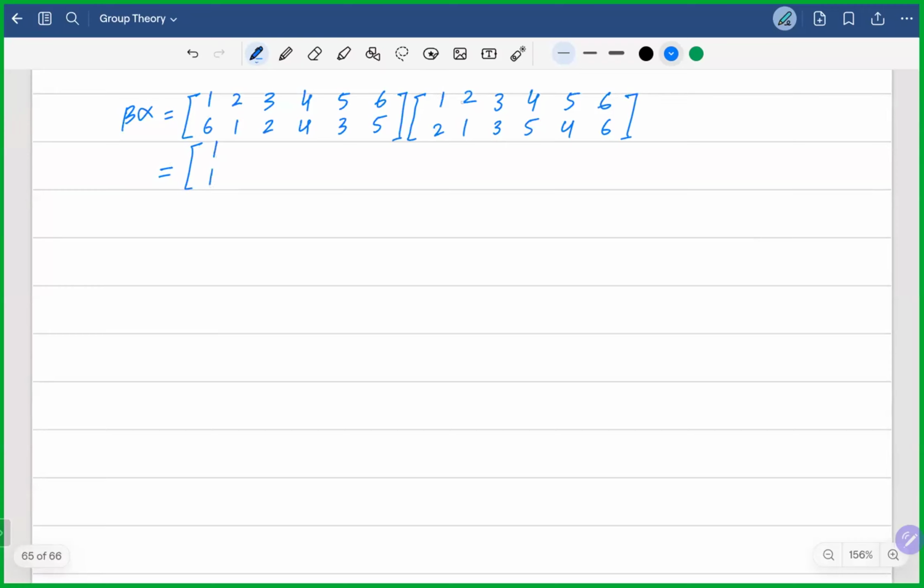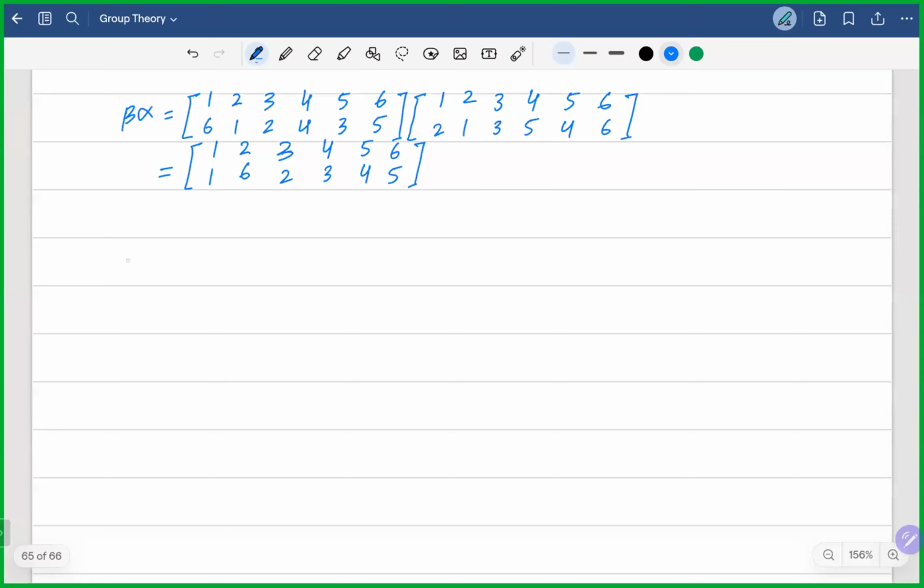Now 2. In alpha, 2 goes to 1 and then 1 goes to 6, so 2 goes to 6. Similarly, 3 goes to 2. Similarly, 4 goes to 3, 5 goes to 4, and 6 goes to 5. That is going to be beta alpha.